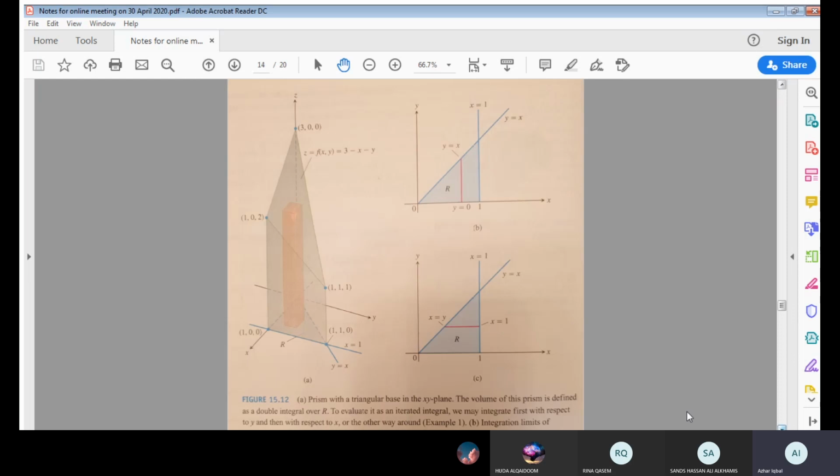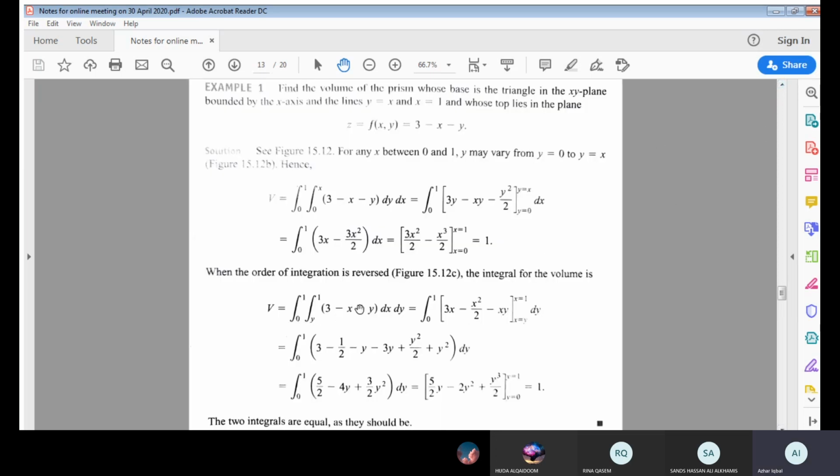If you look at the figure, when y is constant it represents this line. For this line, y is constant, and x changes from x equals y, which is this point, to x equals 1 at this point. So here you integrate this from the value of x, which is y, to the value of x, which is 1.